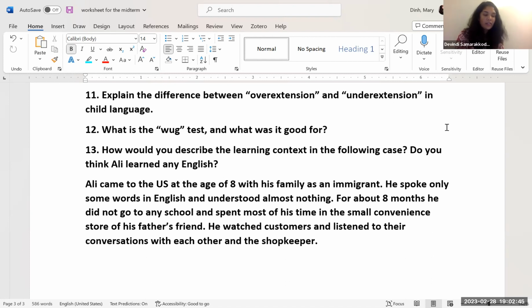So it proved that children can apply underlying rules to live exemplars. And it proved that children are able to do more than just simply producing rote imitation and utterances. Yes, very good. Yes, so after all, that was a good proof.